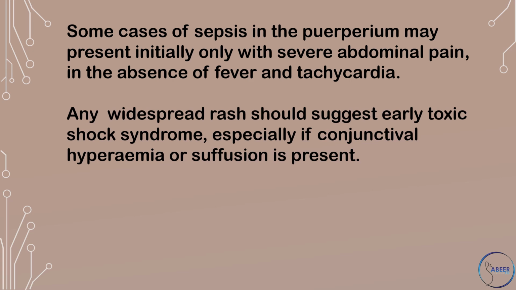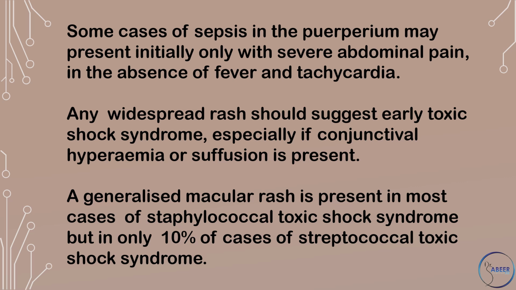Any widespread rash should suggest early toxic shock syndrome, especially if conjunctival hyperemia or suffusion is present. A generalized macular rash is present in most cases of staphylococcal toxic shock syndrome, but in only 10% of cases of streptococcal toxic shock syndrome.